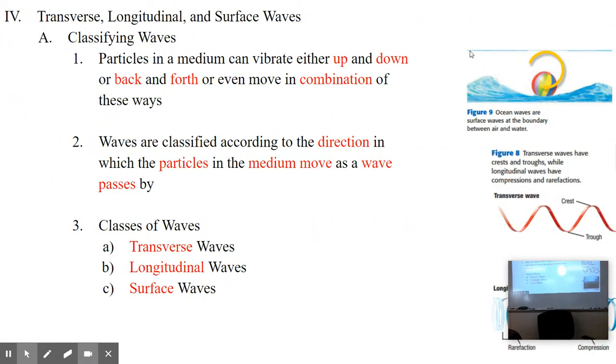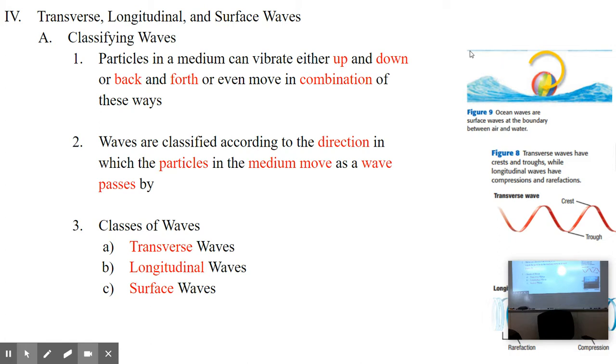Yesterday we mentioned a couple terms, transverse and longitudinal waves. Today we're also going to introduce surface waves. In order to classify waves, we have to look at how they move. When particles are moving in a medium, they can vibrate either up and down or back and forth, or sometimes even a combination of up and down and back and forth.